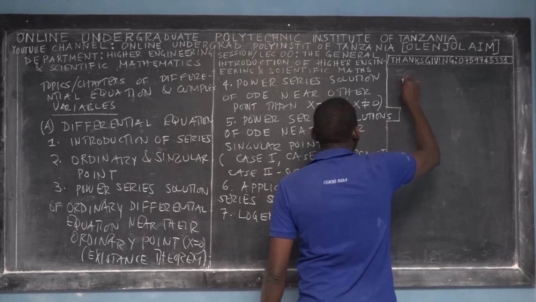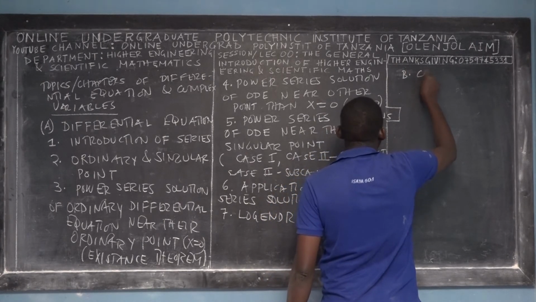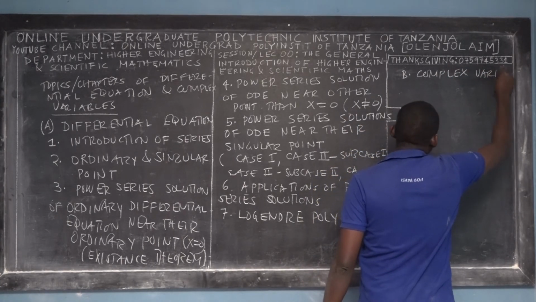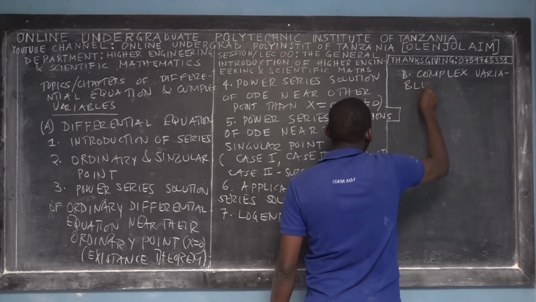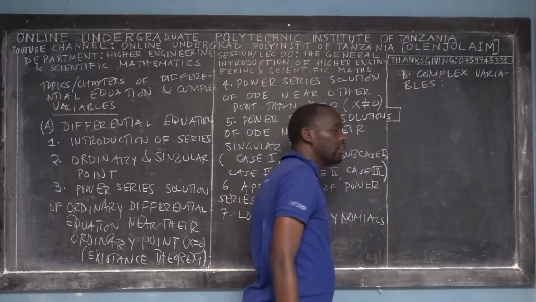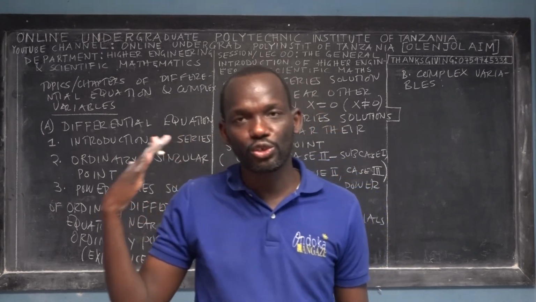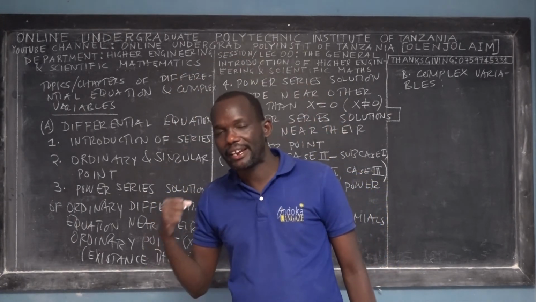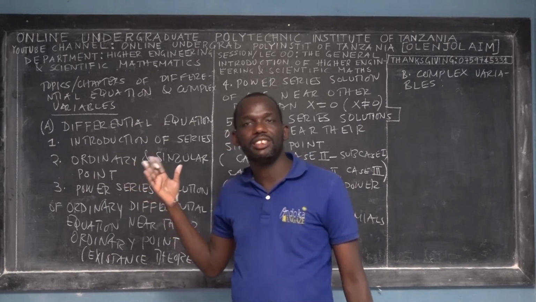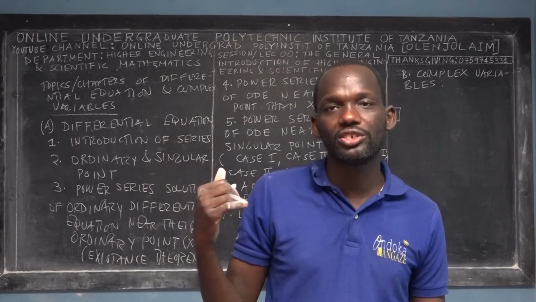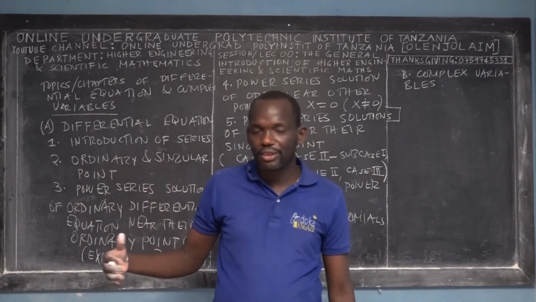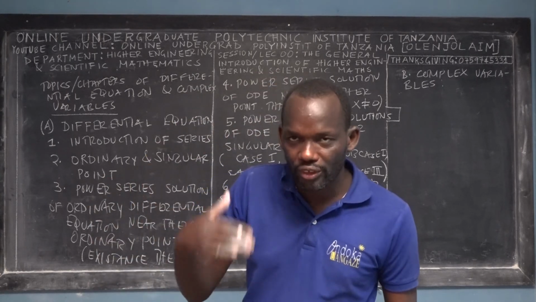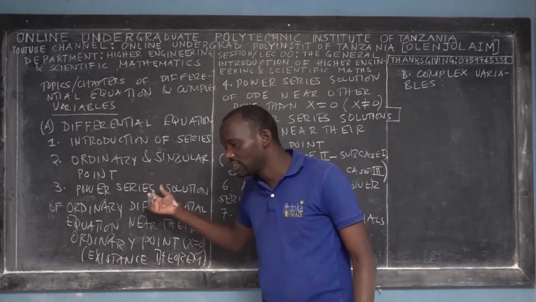So then part B of this module is called complex variables. This is a very interesting part of this module. I like it so much because it really teaches me differential equations from another perspective. When I was at advanced level, I learned differential equations where the coefficients of the derivatives of second order differential equations are constant numbers.